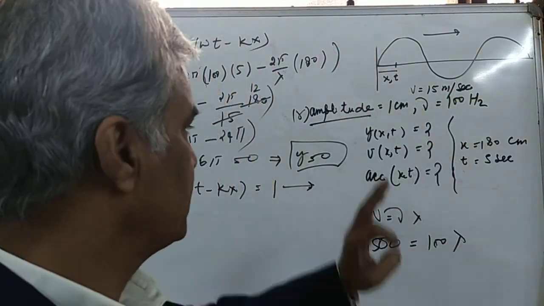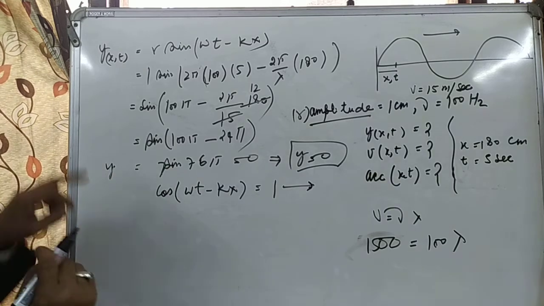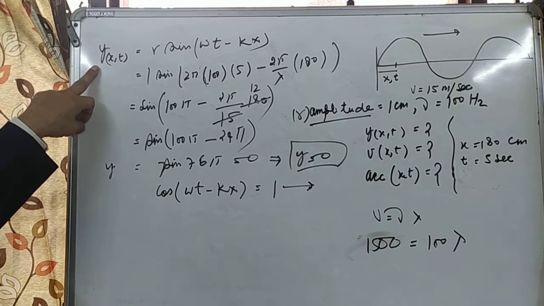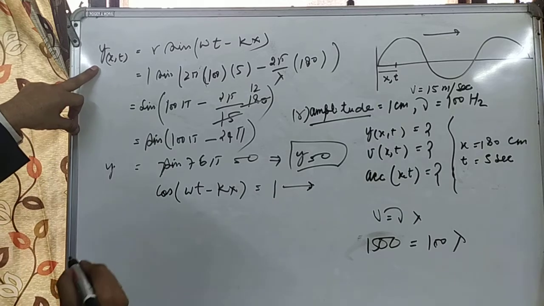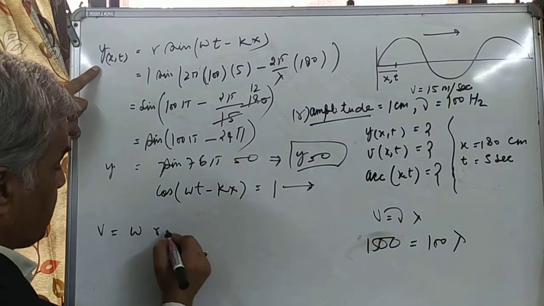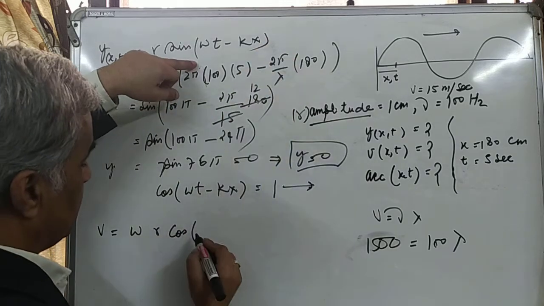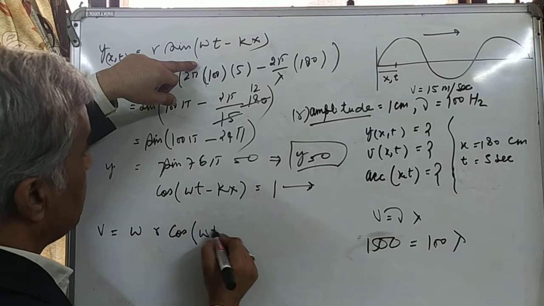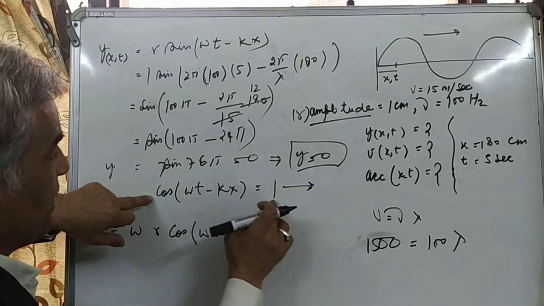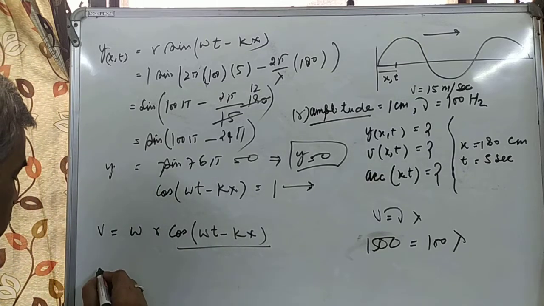Next we are going to find velocity. What will we do for velocity? I will differentiate this equation, or directly you may write velocity is omega times r cos theta, where theta is omega t minus kx, and cos(omega t minus kx) is 1. Now substitute the values.